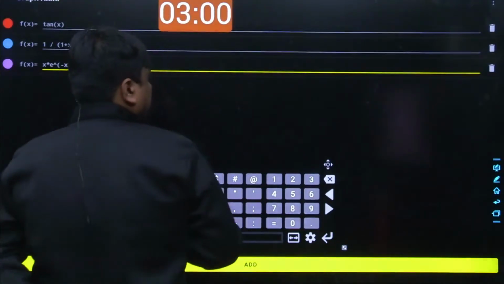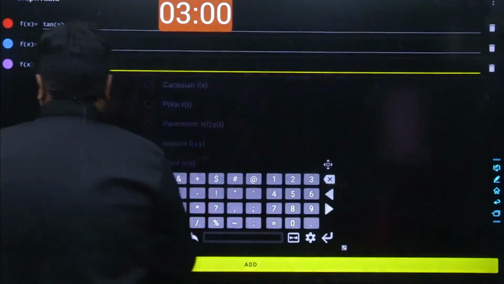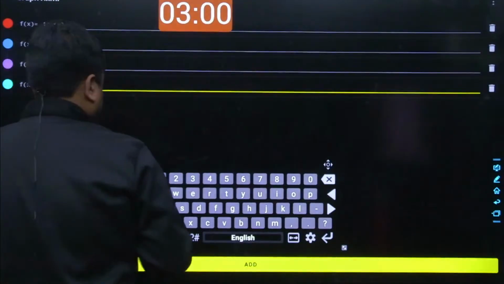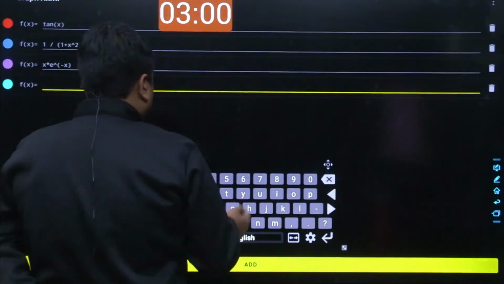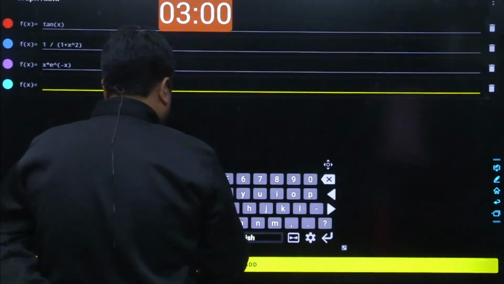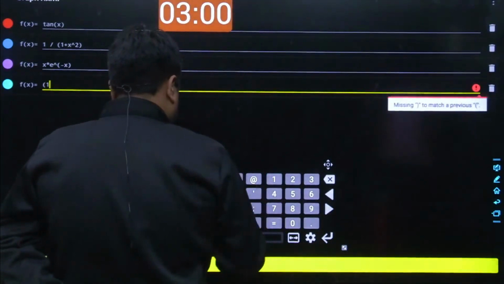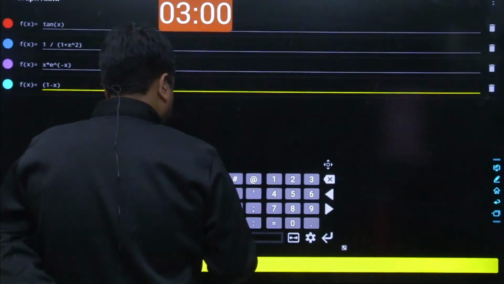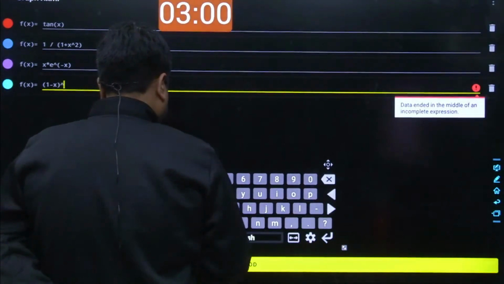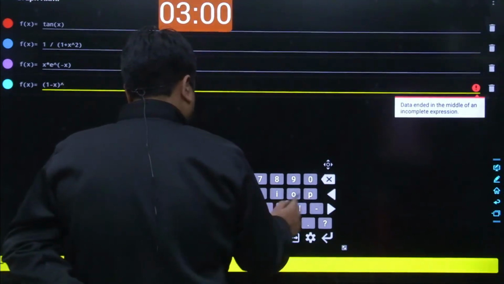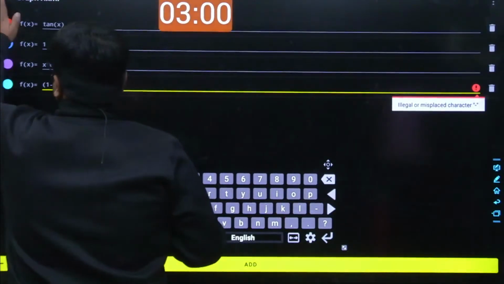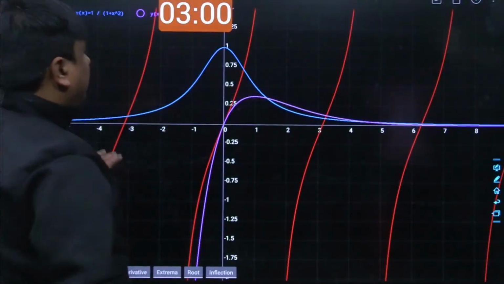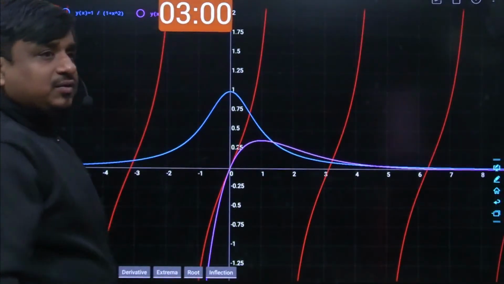And the last one was 1 divided by 1 minus x, or I could say this is 1 minus x raised to the power of minus 1. This one. Yeah. See, the 4 different curves have been made.